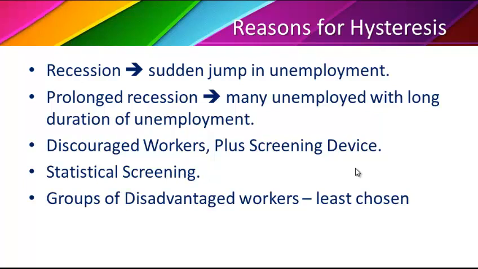So people who are disadvantaged for some reason are screened out. You don't give them a chance, for many reasons. And so the discouraged workers remain discouraged. They don't find jobs even when the jobs are available.